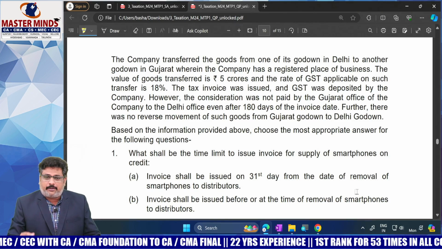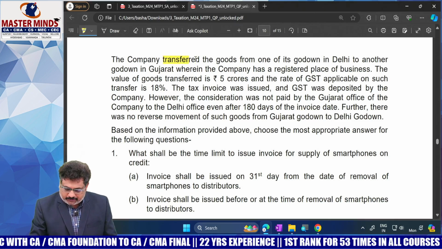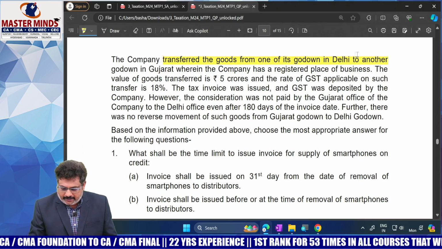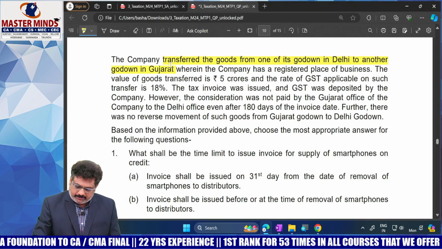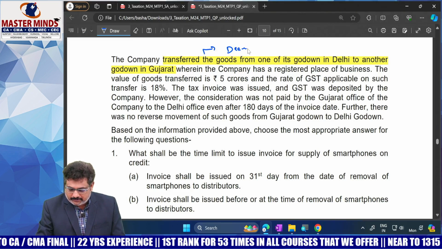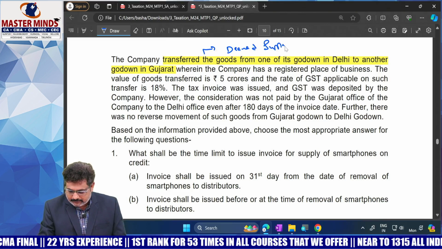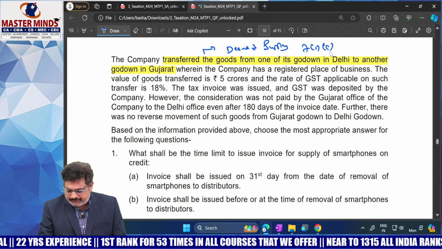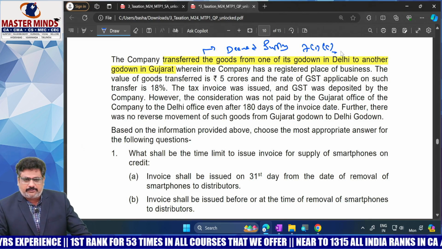That means here you can observe that it is a stock transfer from Delhi to the godown in Gujarat. Definitely what is your focus here? Deemed supply concept, Schedule I. We need to keep focus on these words.